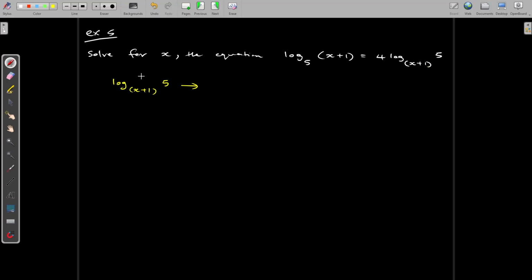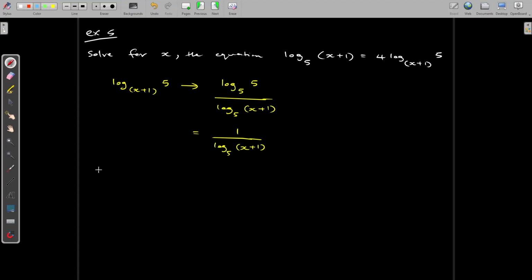So we're converting this to base 5. So this is log base 5 of 5 over log base 5 of x plus 1. So this is simply 1 over log base 5 of x plus 1. All right, so we got that out of the way, so we can rewrite our equation.